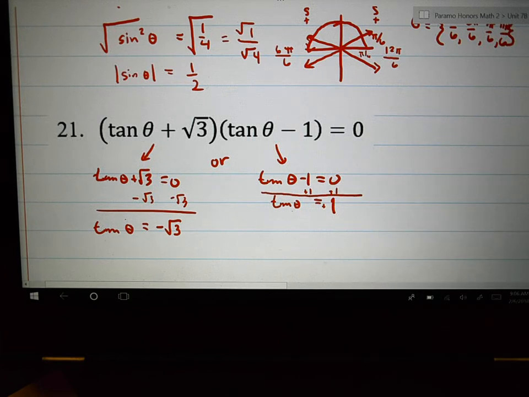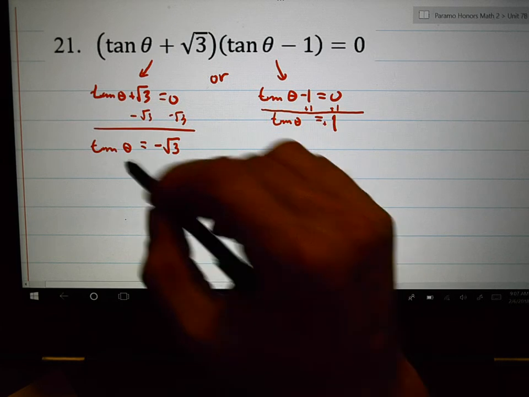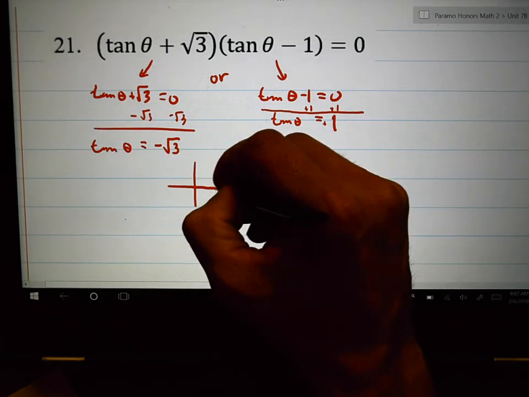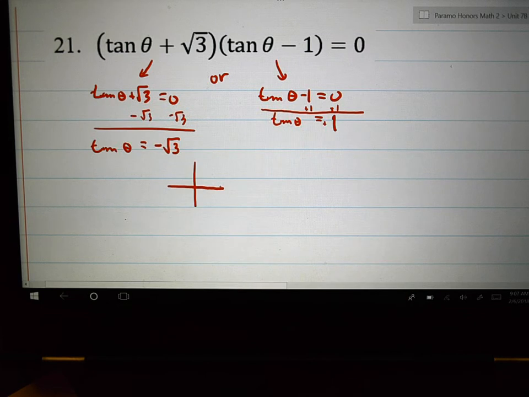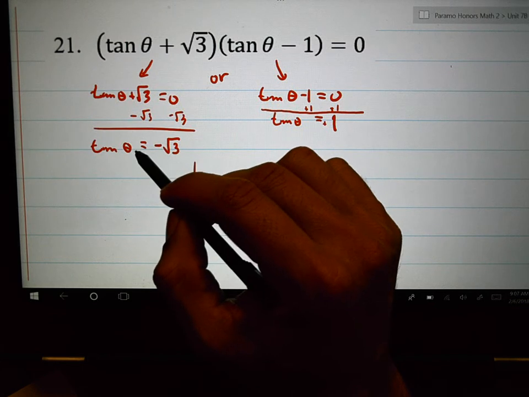In this first possibility, I know that the tangent is going to equal a negative. Do you know which quadrants that has to be in? What quadrants is the tangent negative?